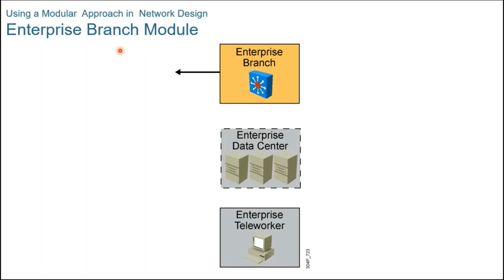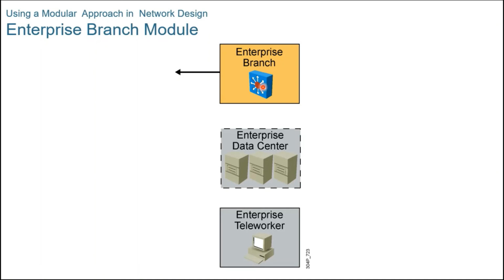Any branch office generally accommodates employees who have compelling reasons to be located away from the central site, such as a regional sales office. The branch office is sometimes called the remote site, remote office, or sales office. Branch office users must be able to connect to the central site to access company information.